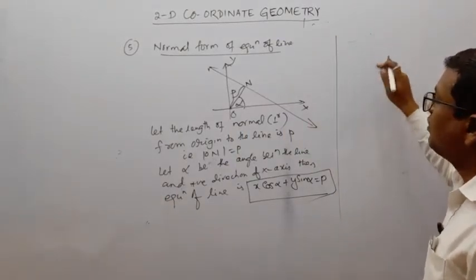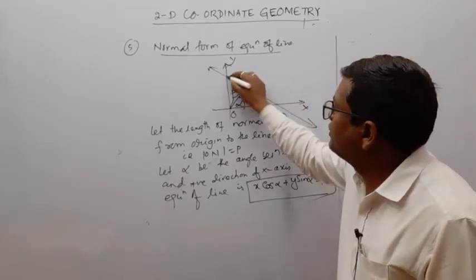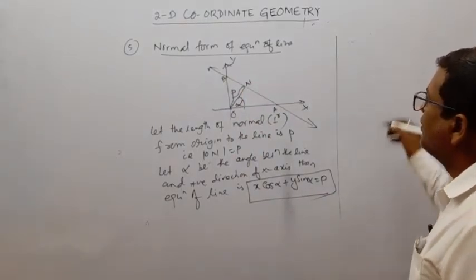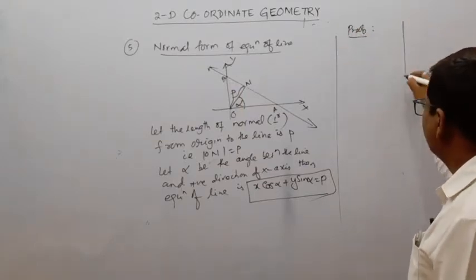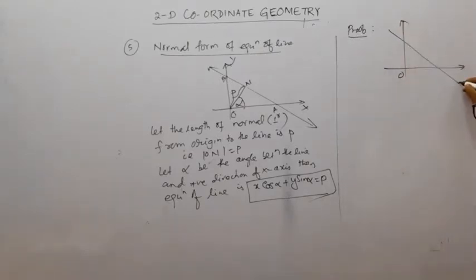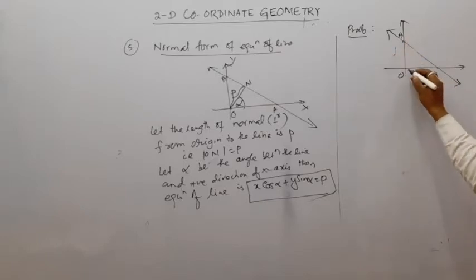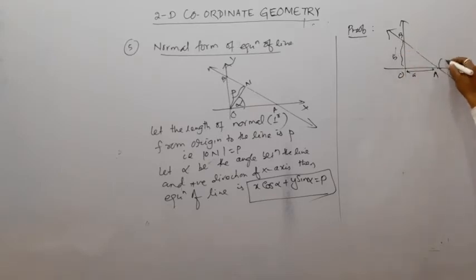Suppose from the figure, this is point A and this is point B. Let's do the proof. Suppose this is the coordinate system and this is the origin, and the line passes through like this. This is point A and this is point B. This length is a and this length is b. Point A is (a, 0) and point B is (0, b).